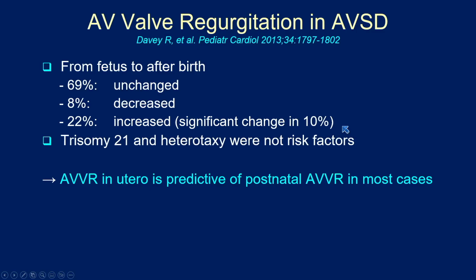And many of us who follow single ventricles know that AV valve regurgitation is a problem and typically progressive in single ventricle physiology. Trisomy 21 and heterotaxy were not risk factors in this paper, which is a bit surprising. So their conclusion was that the AV valve regurgitation in utero is predictive of postnatal AV valve regurgitation in most cases.